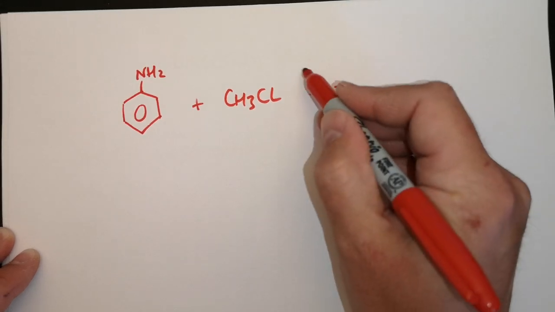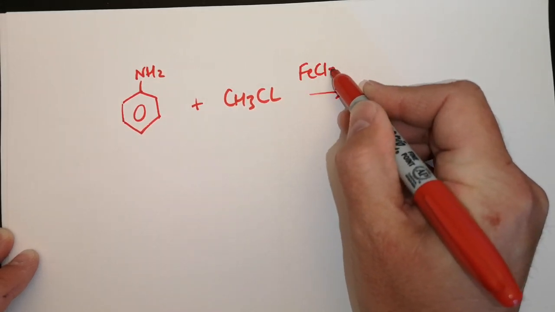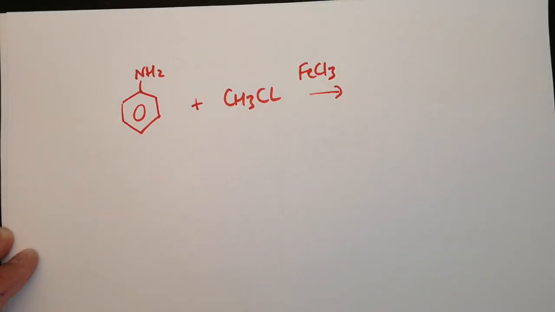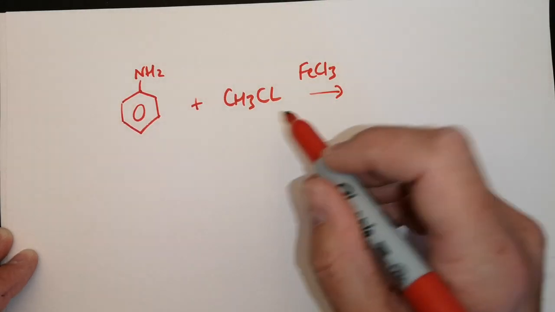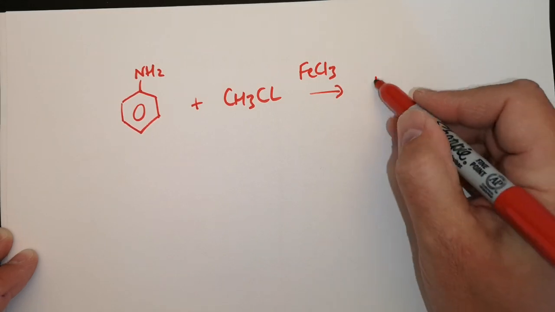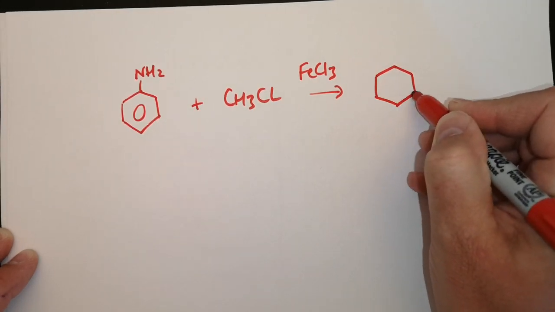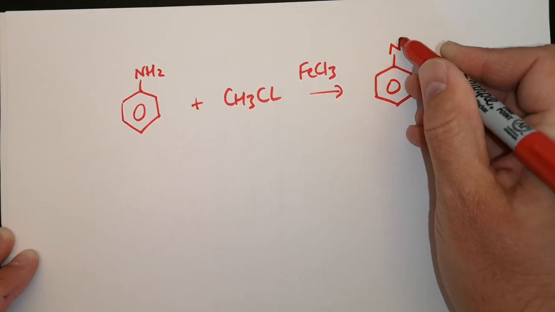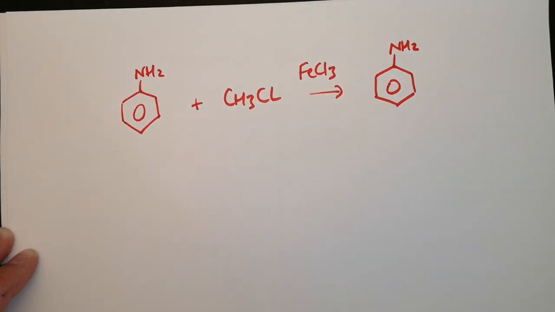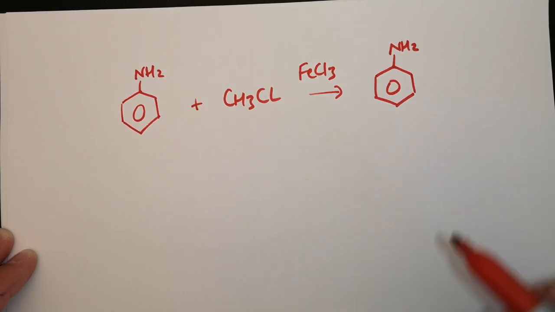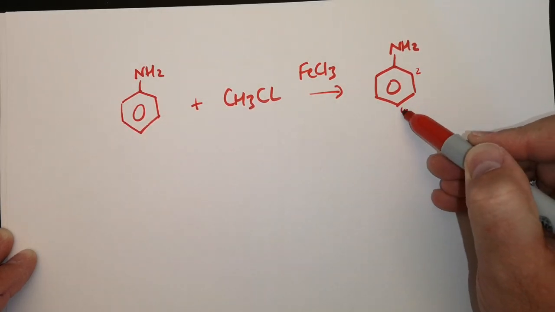Okay, you would need a halogen carrier to produce your reactive carbocation in this case. But whereabouts would the methyl group go? Well, if NH2 is an activating group, it's therefore a 2,4 director. So the substitution would either go on 2 or 4.